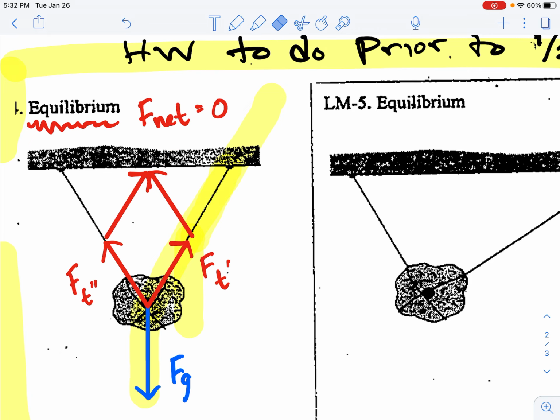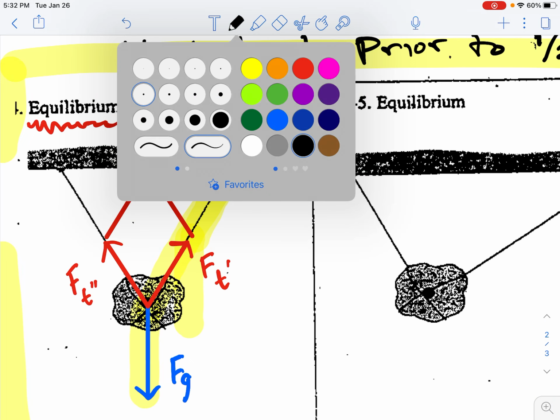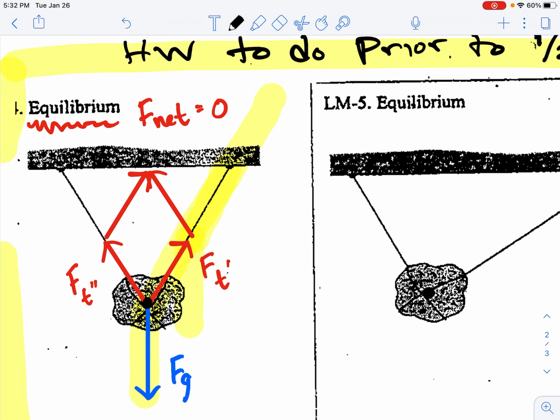There's a parallelogram. And so the total tension from these 2 ropes is going to be the sum of those vectors that goes, and I'll do that in black, from the tail of the first one to the tip of the second one.